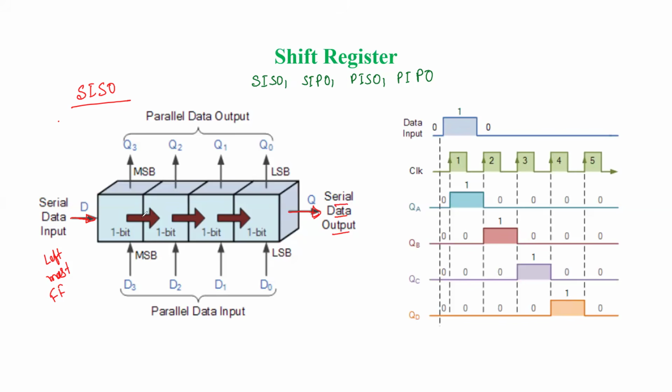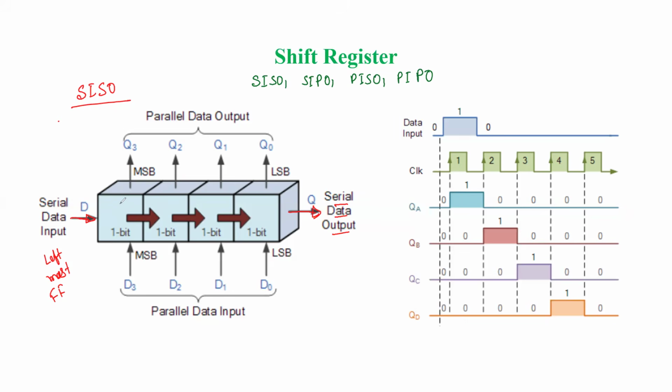So here one by one, this is going to trigger. Actually this is a type of asynchronous circuit where the output of the previous flip-flop is going to trigger the next flip-flop. So when output comes from the previous one, only then will the shift take place.